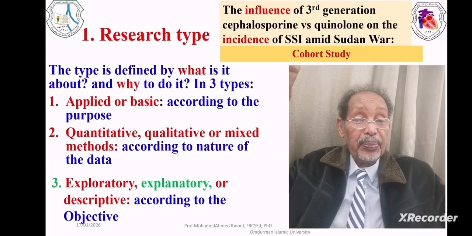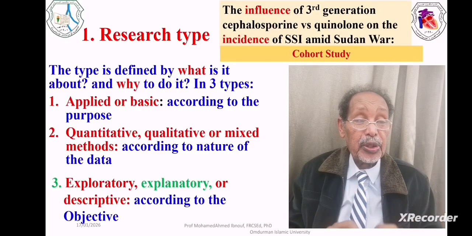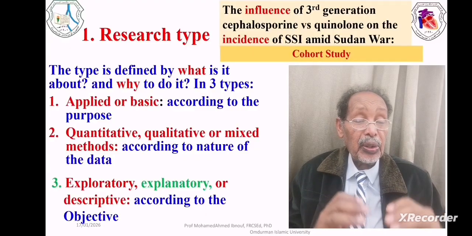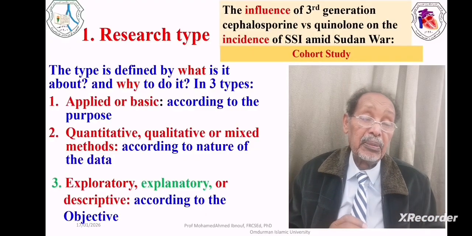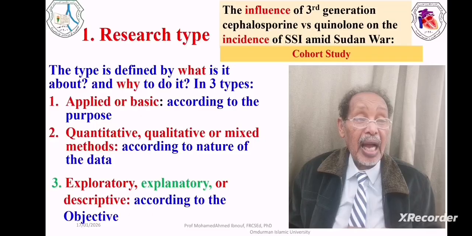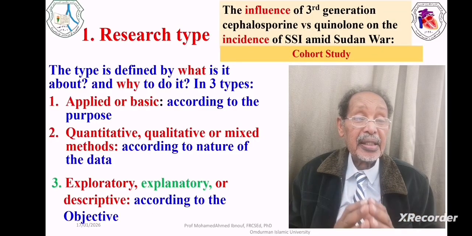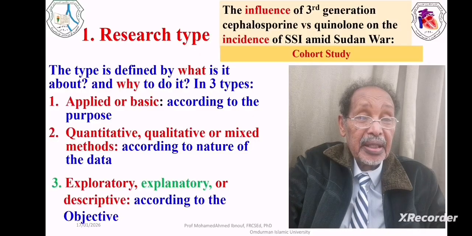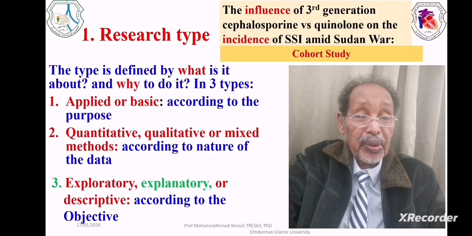And then we follow the patients to see the effect of this exposure, whether they are going to develop the complication, or they are going to develop the disease, or are they going to develop the outcome we are studying. This is a cohort study. It is how the design is structured. And as I said, later on I will speak in details about the cohort and the methods of analysis.